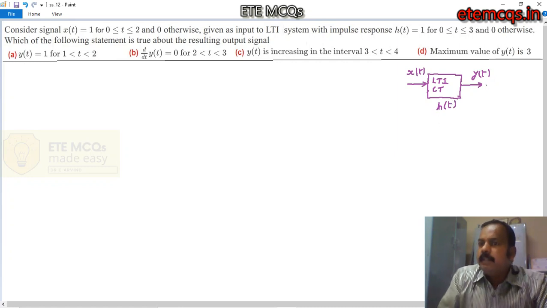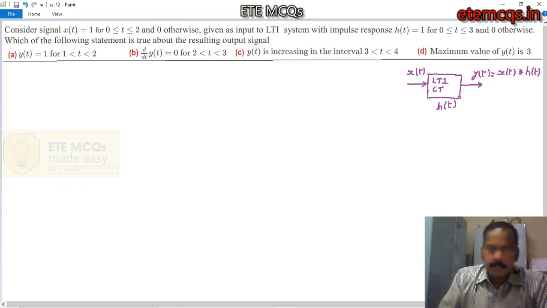Now how do we get the output? This output is obtained by performing convolution between x of t and h of t. The result is your y of t.